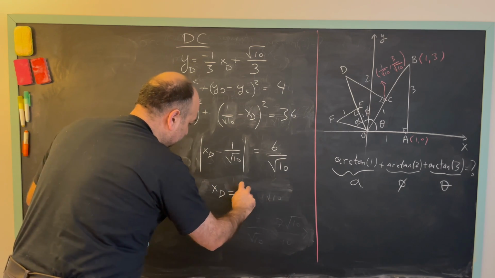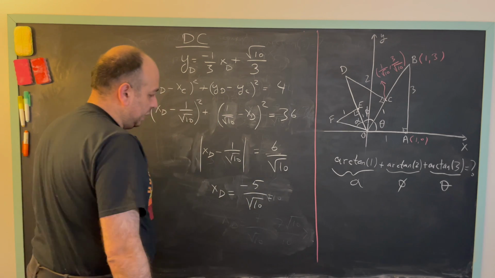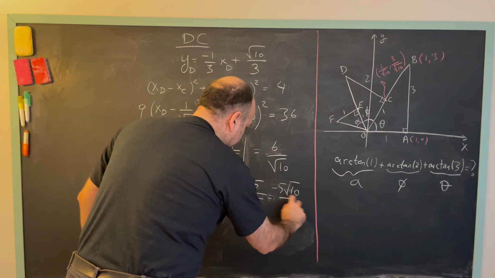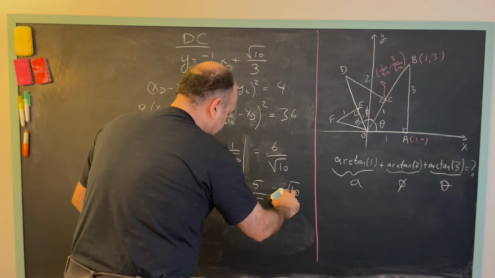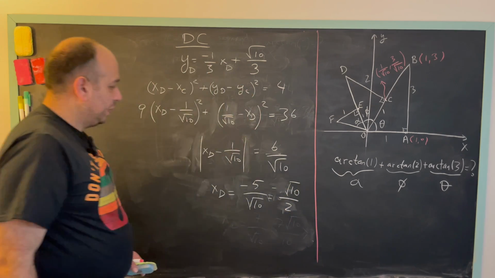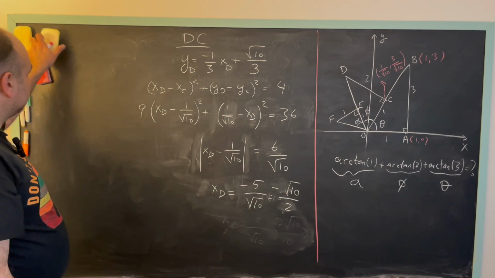X of d will be equal to minus 5/√10, or it's going to be minus 5√10/10, or minus √10/2.